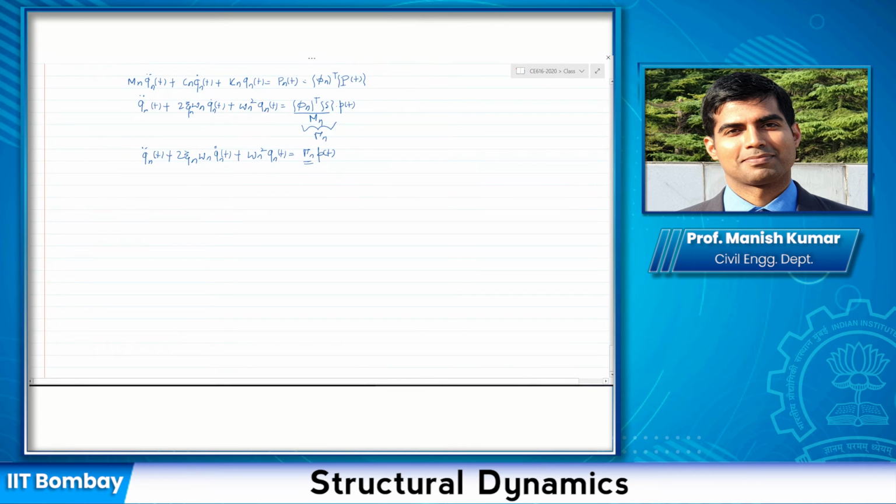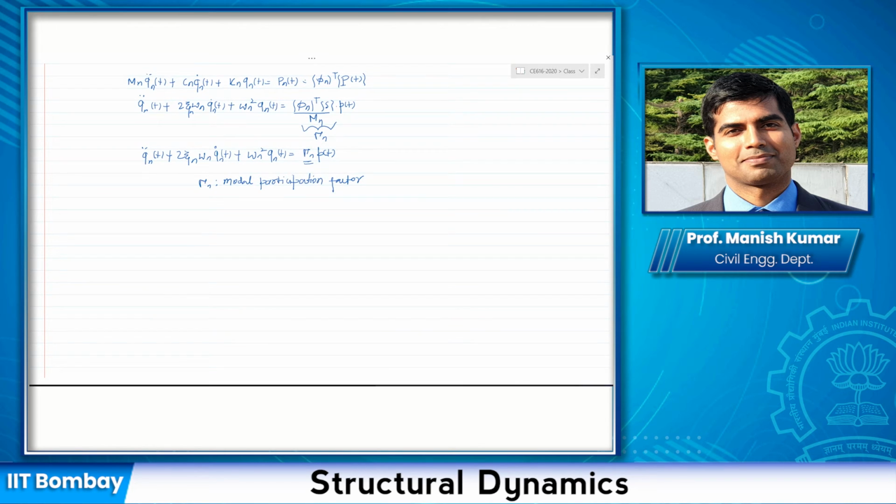So I'll write it anyway. This is called modal participation factor. So this factor basically says that of the given force, how much is the total force that is going to be applied in the particular mode.